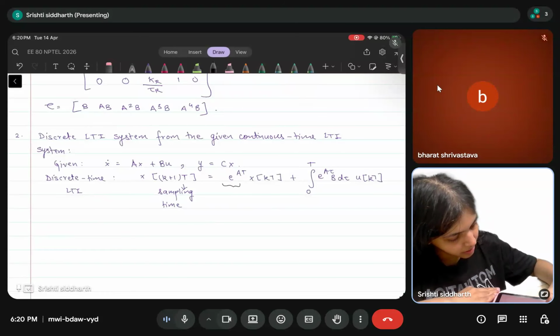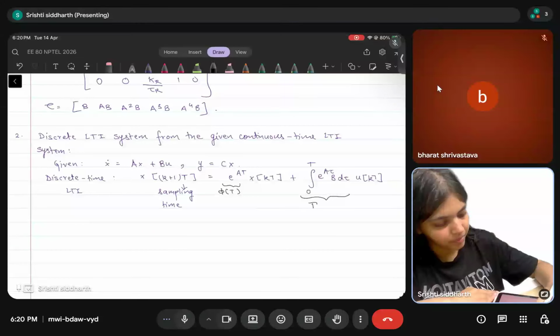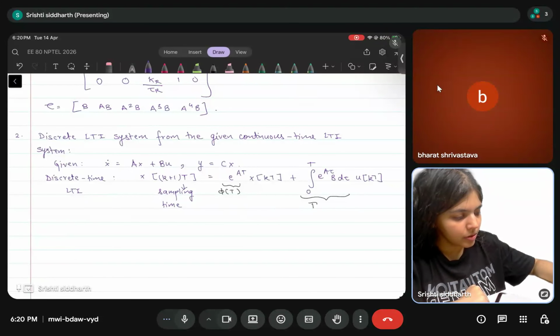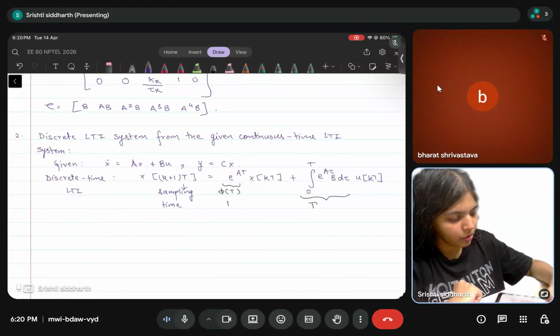This is the matrix phi of T, and this is gamma. We have already discussed in the previous tutorial how to obtain the matrices phi of T and gamma.